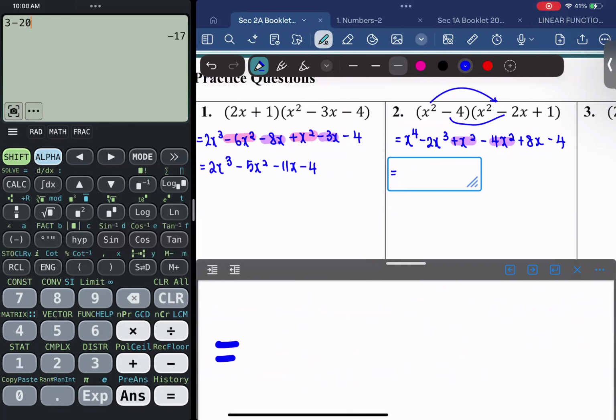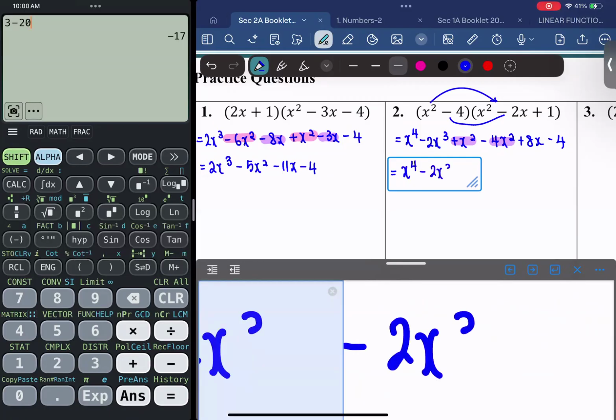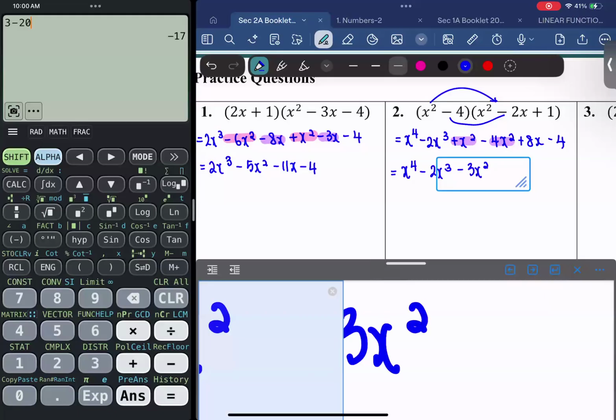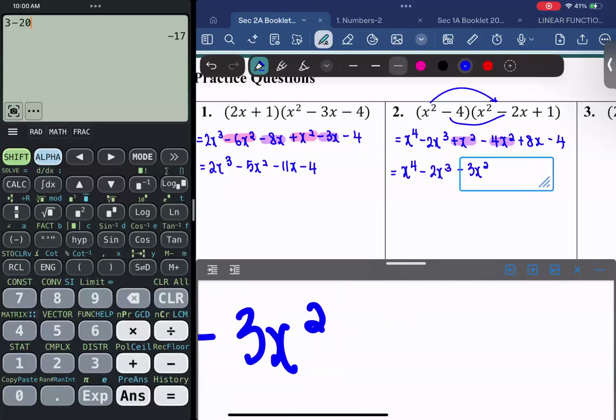Equals to x to the power of 4, minus 2x cubed, minus 3x squared, plus 8x minus 4. Yes, very good.